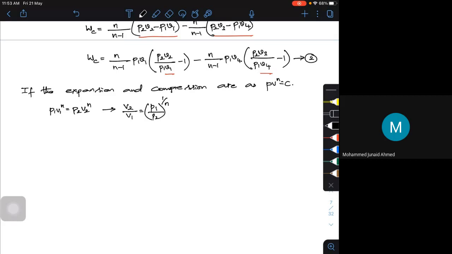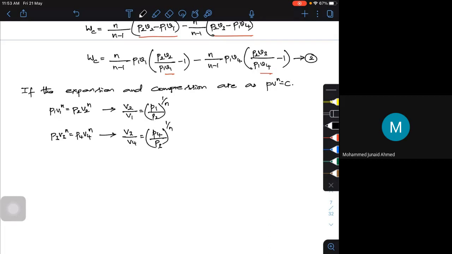Okay, same thing, whatever we did, in a similar fashion. For expansion, this is actually P3 V3 to the power of n is equal to P4 V4 to the power of n, or I can write V3 by V4 is equal to P4 by P3, to the power of 1 by n.